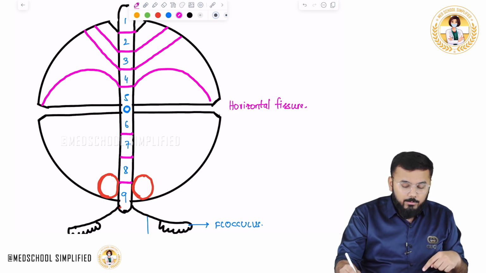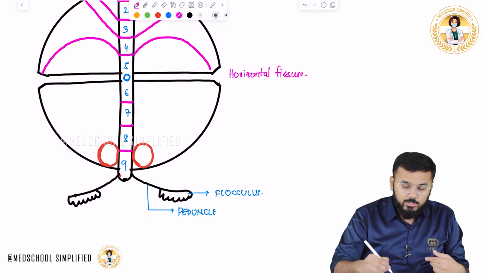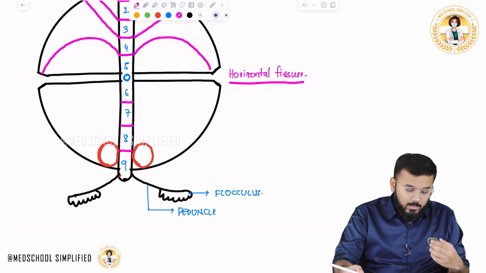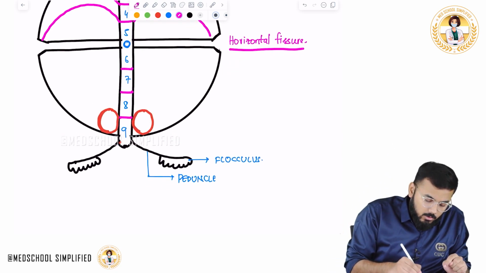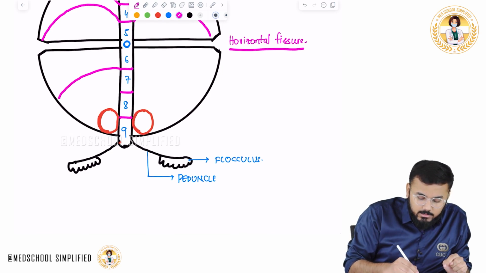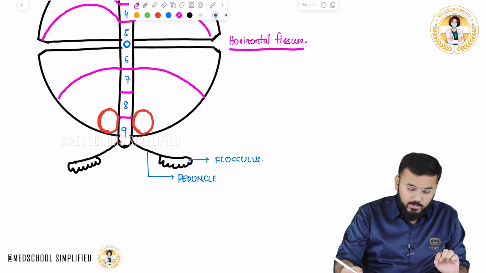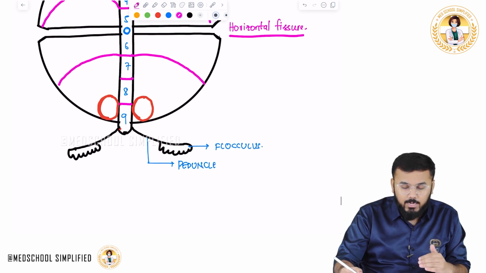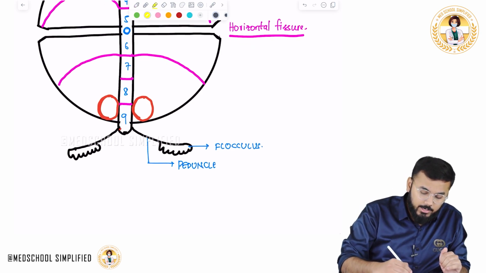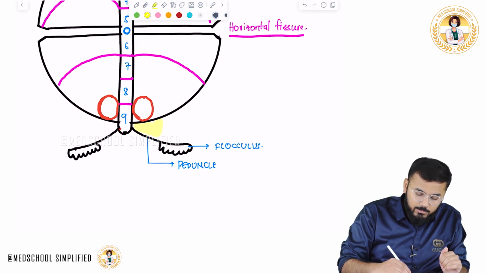When you come down, between the 5th and 6th lobules I already have a fissure called the horizontal fissure. Next, between the 6th and 7th you also have a fissure like this, and another fissure in this way. Between the 7th and 8th I don't have any fissure, but between the 9th and the remaining part I have this fissure down. You see this triangular shaped fissure which I am showing here with the yellow sketch.